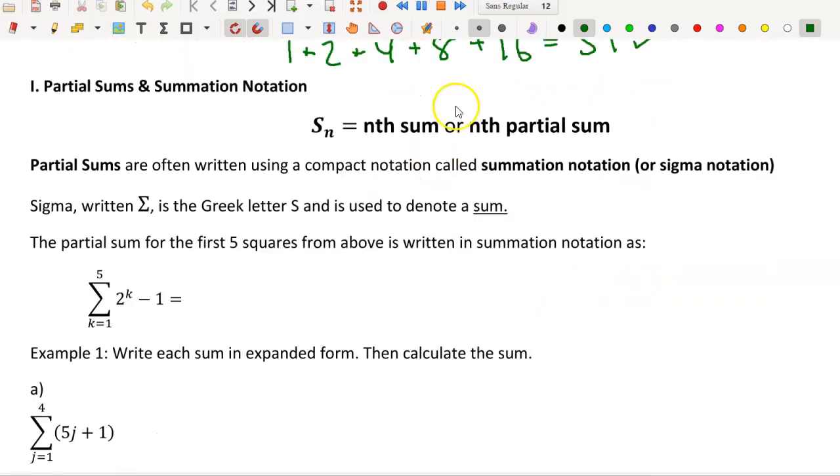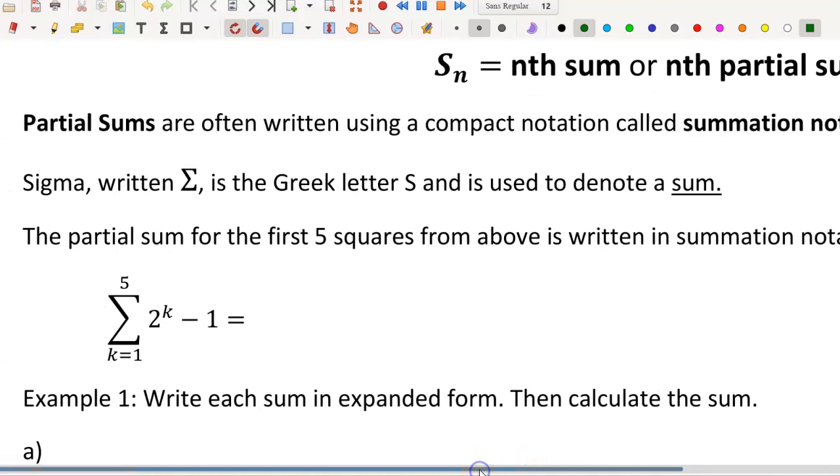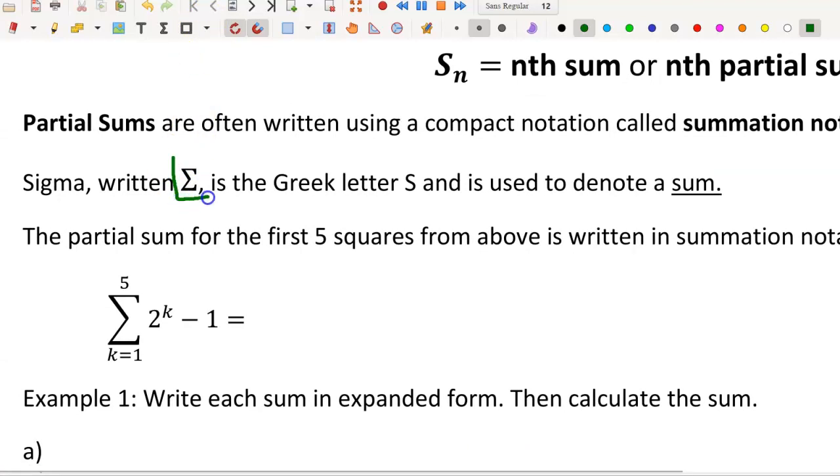So what we're going to introduce here is something called sigma notation, using the Greek letter sigma, which is right here. That's the Greek letter sigma, and all that means is to add up a bunch of numbers. So we could write this as a sub n, and I could tell you, find the first 5 numbers.